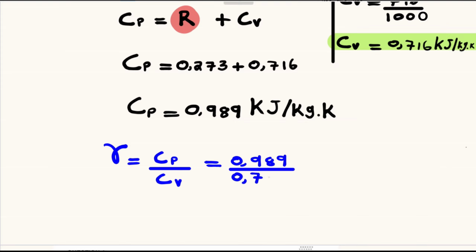So we substitute 0,716 in the place of the Cv, and this will be equal to 1,3812, but then they said 2 decimal places, so we'll have 1,38. It doesn't have any SI unit because the SI unit from the Cp and the SI unit from the Cv are the same, so they will just cancel out each other, and this will be our answer.